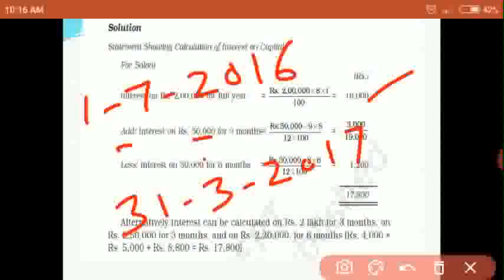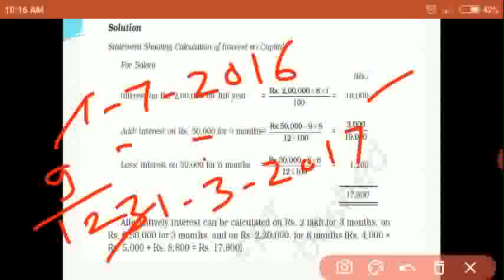July is the beginning: July, August, September, October, November, December, January, February, March. How many months? From 1/7 to 31st March 2017, the outstanding months will be 9. So you only have to calculate interest on capital for 9 months, that is 9 by 12, out of 12 months.